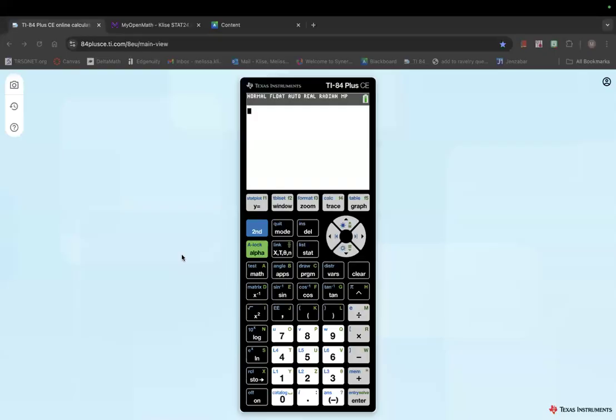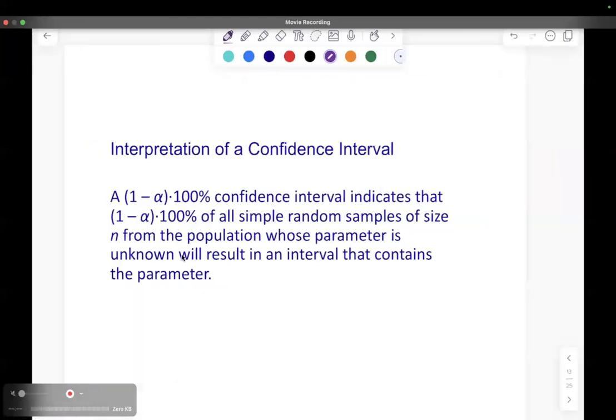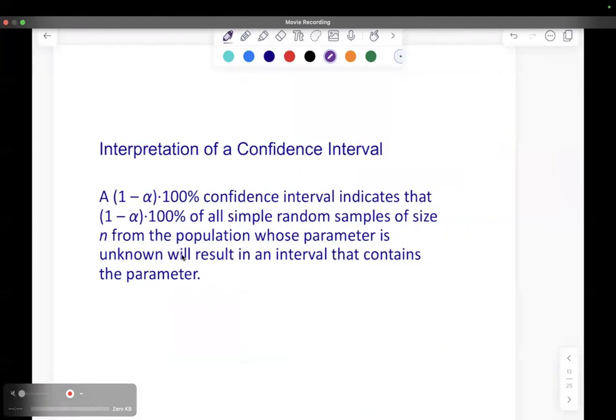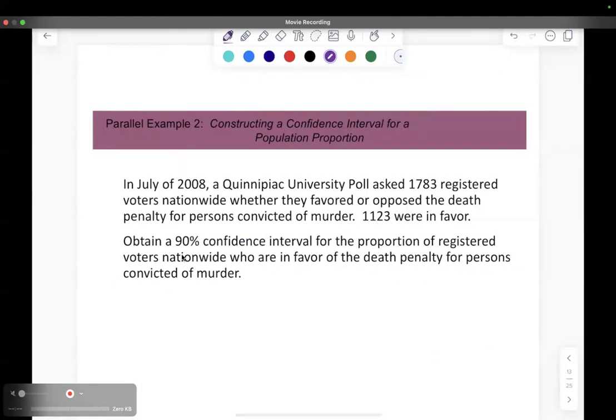I'm going to go back here and see that 90% has a critical value of 1.645. So I'm going to write that down here. My z sub alpha divided by 2 was 1.645. And we need to calculate the standard deviation.